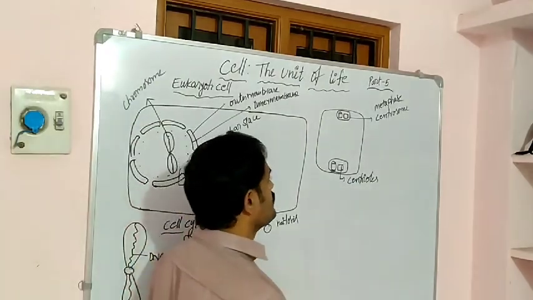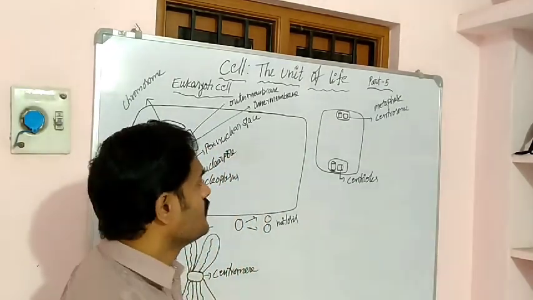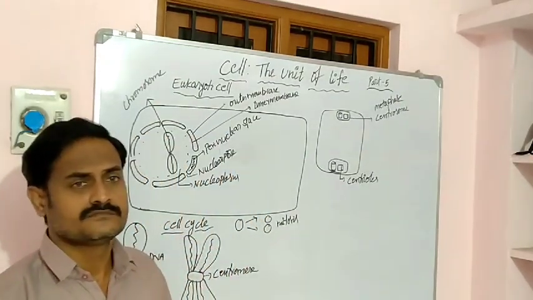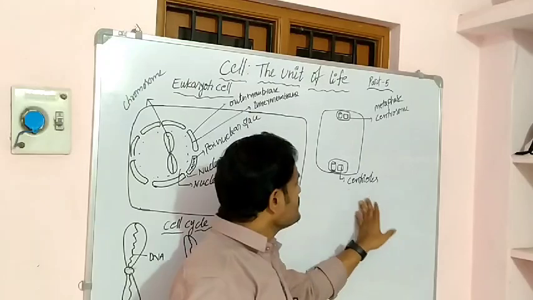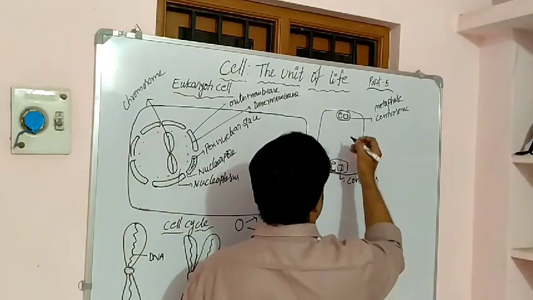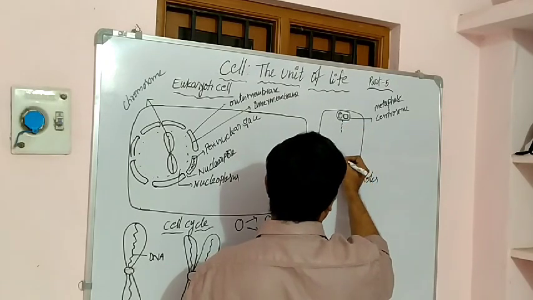The centrosome during the metaphase time, already you know what are the stages in mitosis. So during the metaphase, what will happen here is the centrosome forms some thread-like arrangements like this.